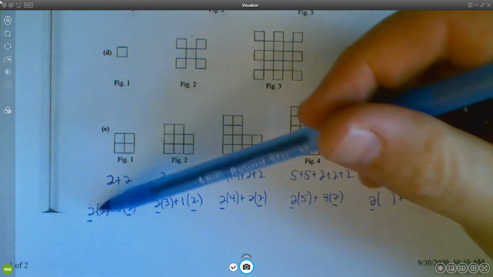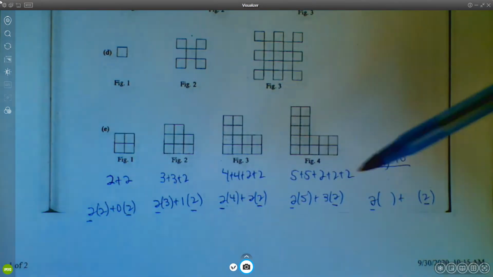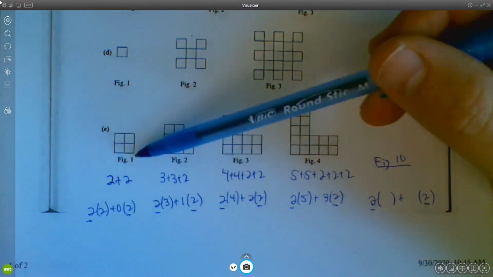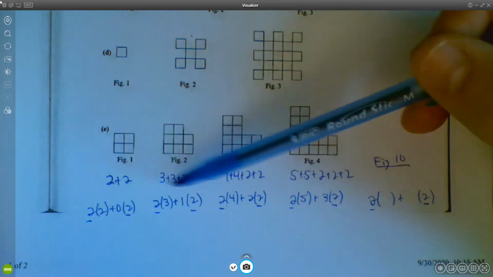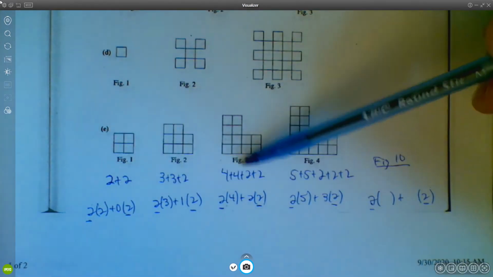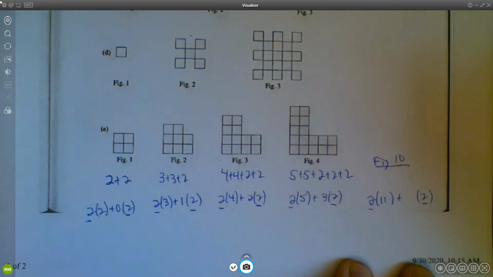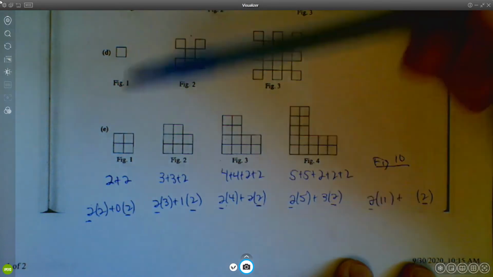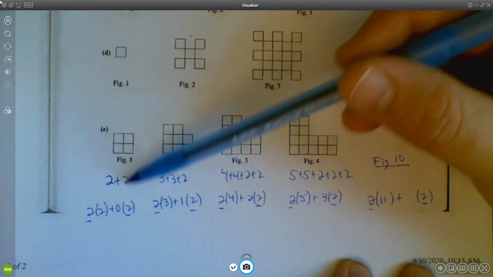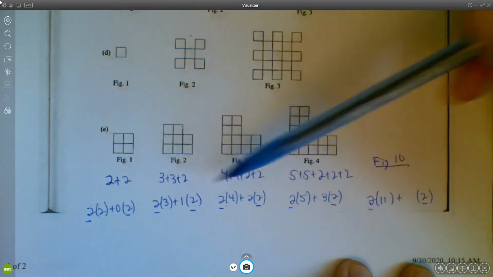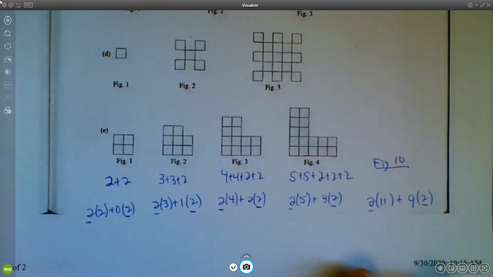The second number goes 2, 3, 4, 5, so it's increasing by 1 with each figure. It's related to the figure number by being the figure number plus 1. So for figure 10, figure number plus 1 would be 11. The other number we said was figure number minus 1, so here it's going to be 9.